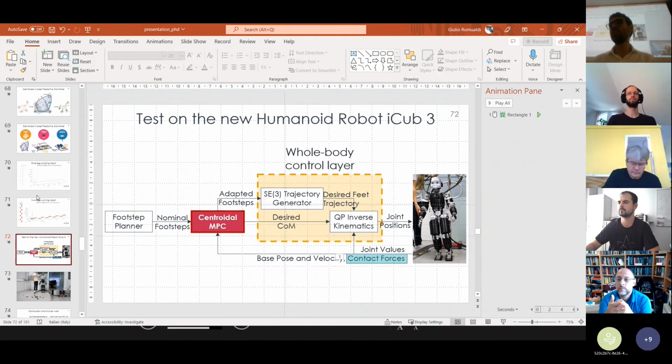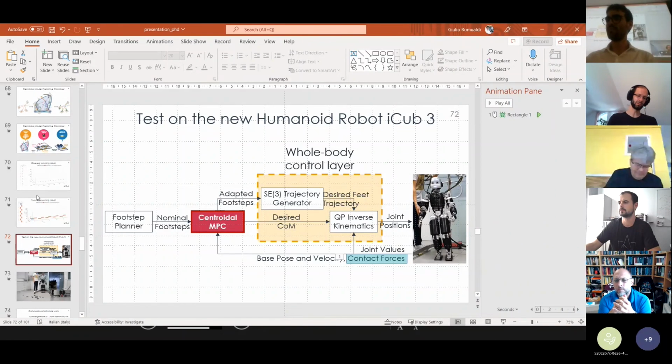When the robot is balancing, we can use a standard controller, standard task-based inverse dynamics or momentum-based controller for balancing. While increasing the walking velocity, they noticed that this flexibility gives some problems for the locomotion.